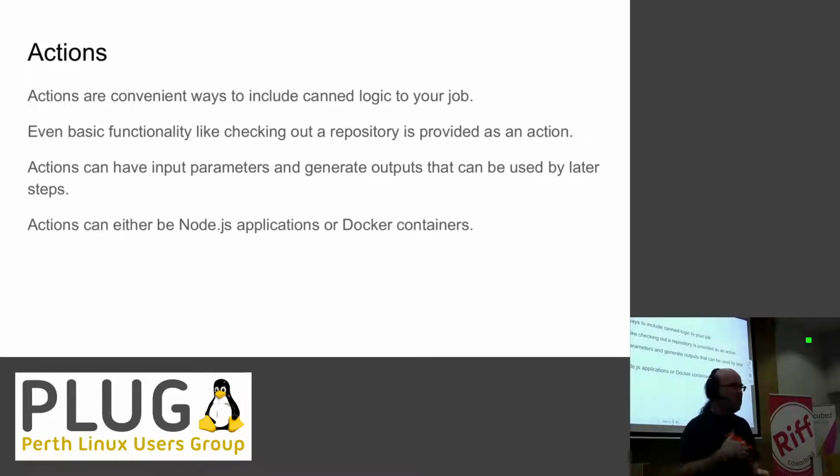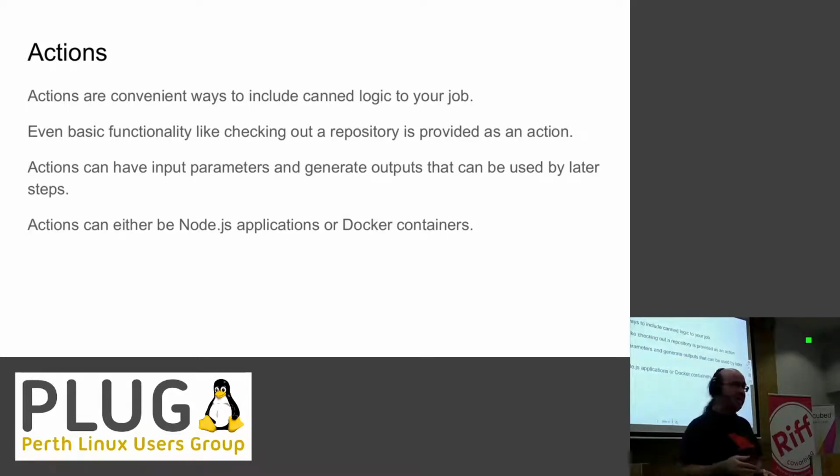So whereas you might have systems like Travis and Circle CI and stuff, which might start your job by checking out your code into your workspace, not even that is done by default for the GitHub system. So you might reference an action which will check out your code.